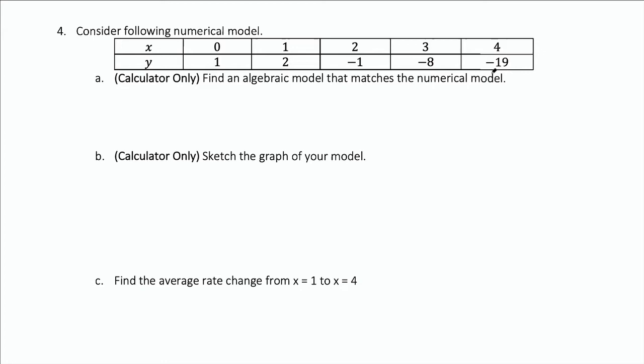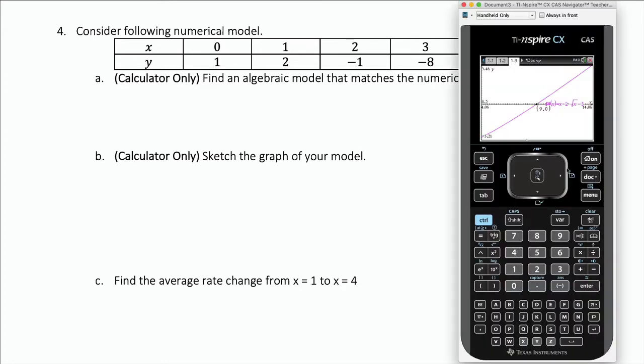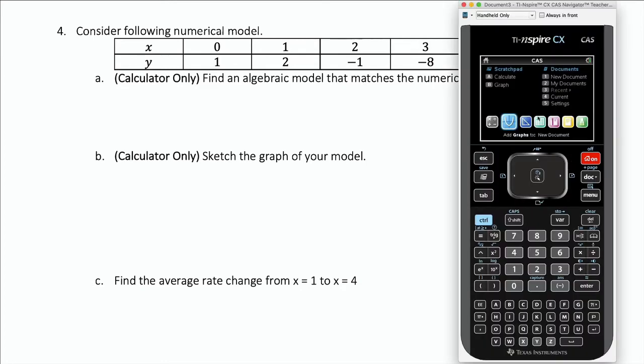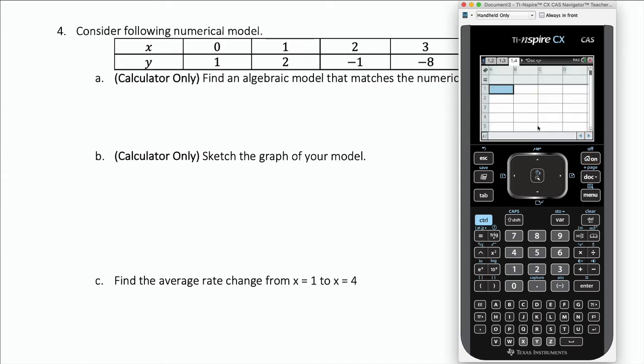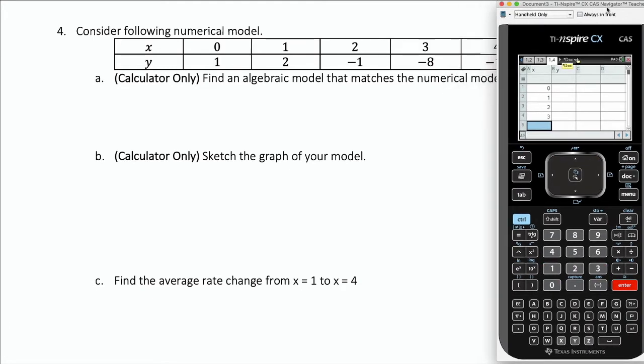So we're going to go to our calculator, and let's go ahead and create a spreadsheet where we can put in this data. I'm going to title my columns x and y. And then we put in this data. x starts at 0, then 1, 2, 3, and we're going all the way up until 4.